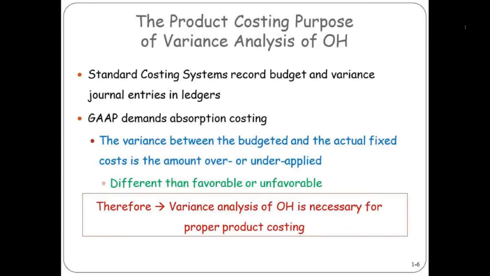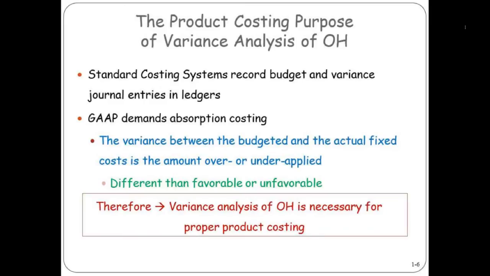So remembering that in standard costing systems, if you had a standard costing accounting system, you will be recording overhead costs as they occur based upon your allocation basis. But of course, you need to absorb all those costs correctly for GAAP purposes at the end of the period.